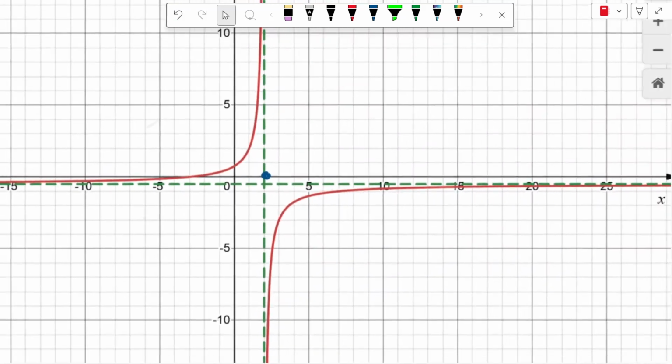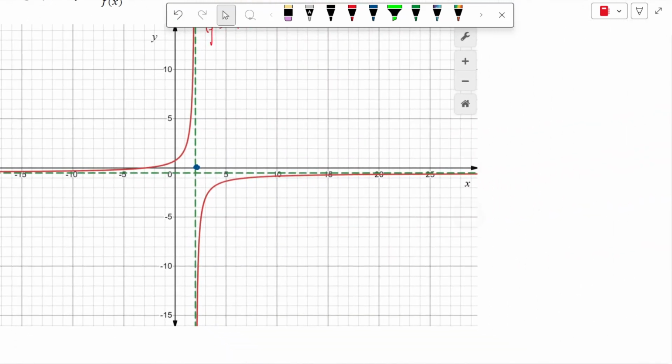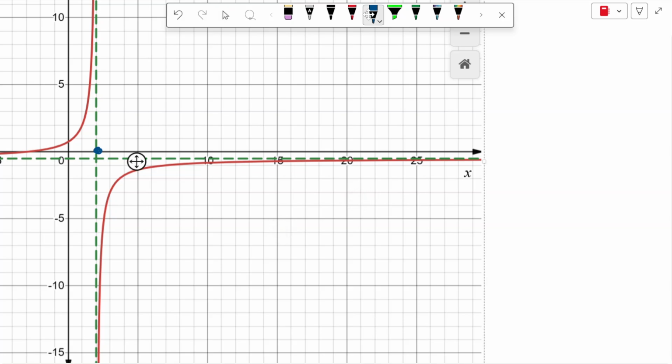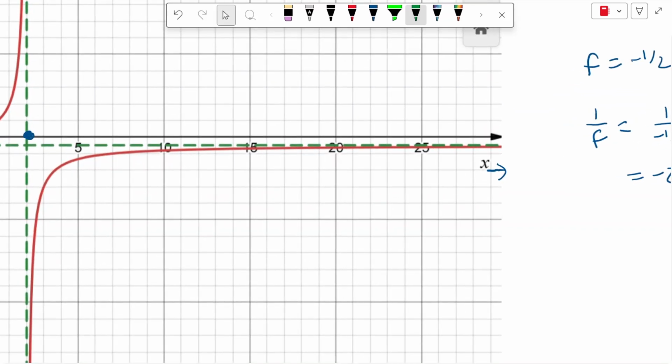So if we look at that, y is going to minus a half here. That means on our 1 over f function, so if f is minus a half, 1 over f is going to be minus 2. So I know that this one here will actually have to asymptote at minus 2, just like that.